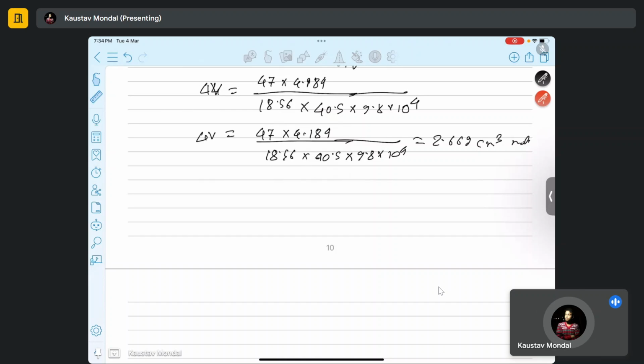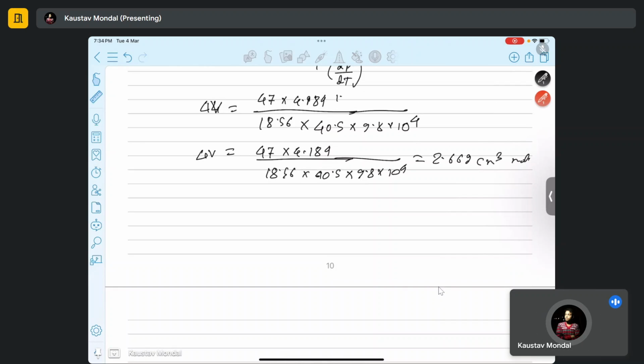So there are many units actually: kg, meter square, second square, mole inverse, kg, meter inverse, second inverse, mole inverse, and Kelvin inverse. All of these units cancel with each other, and you will survive with centimeters cube mole inverse.